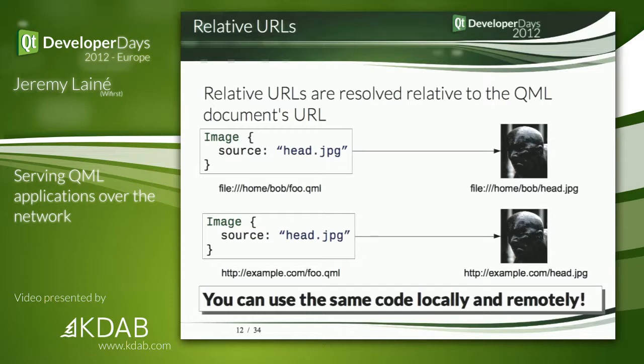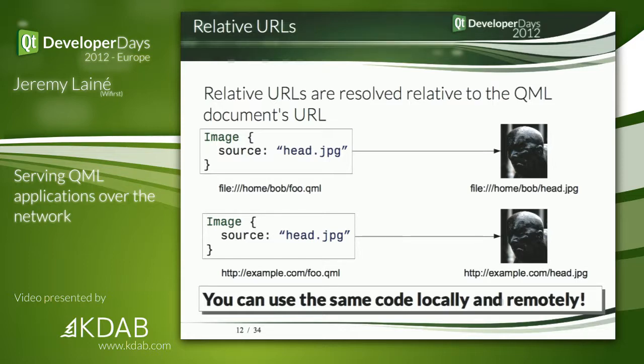When you give a URL to these different elements, you can either give a full URL, so let's say a file-based URL, or an HTTP URL, or you can just give a relative URL, in which case the relative URL is resolved relative to the location of the current QML document.